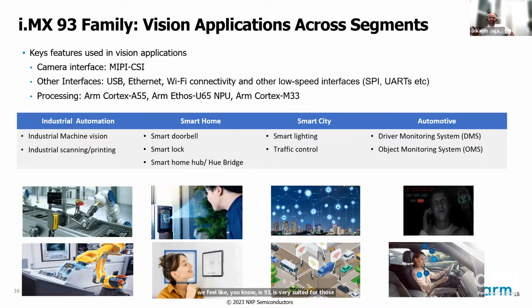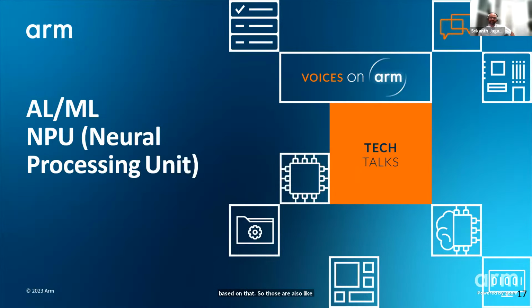And then there are typical consumer IoT applications, such as a smart doorbell or smart lock, which recognizes a face and then, based on that, opens the lock or does some other action. Those are also applications that are fairly well suited for the i.MX 93.